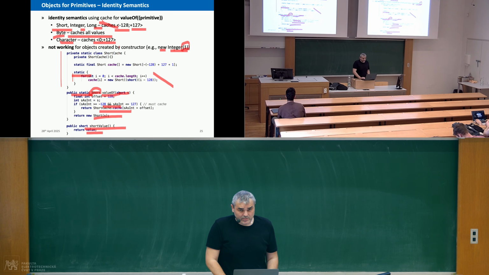So what you can notice is that there is no identity semantics caching for doubles and types other than listed here. So if you use doubles in your application with capital D, object-based doubles, and you have a lot of the same values, you are consuming a lot of memory. The same is applicable to integers outside of this range.